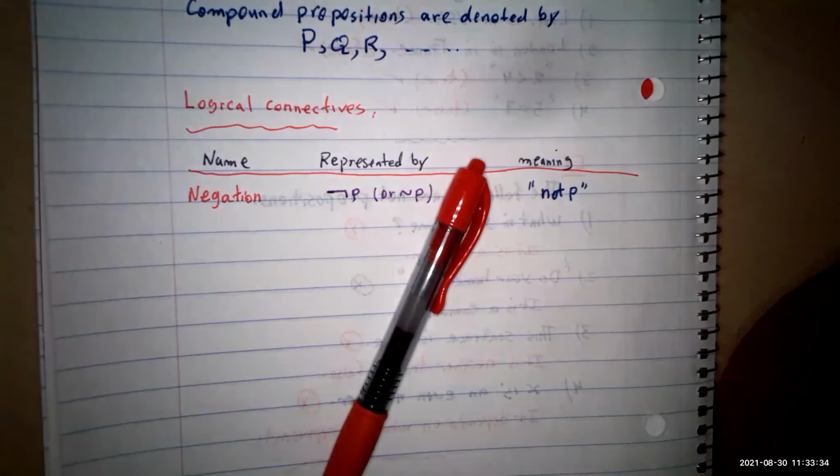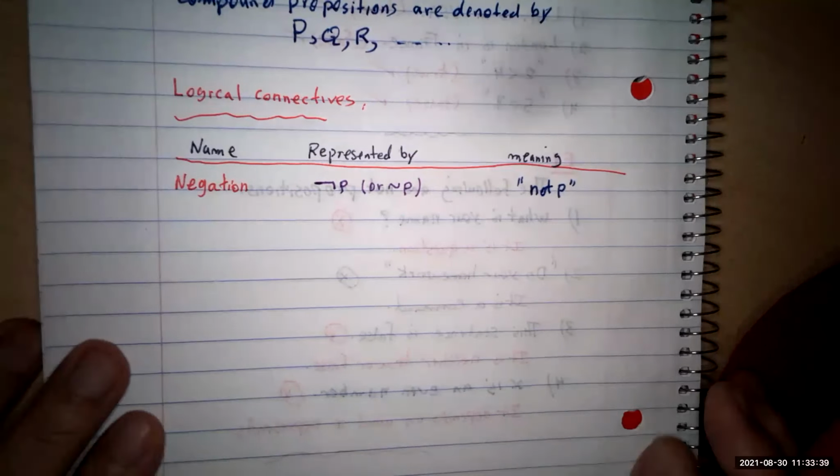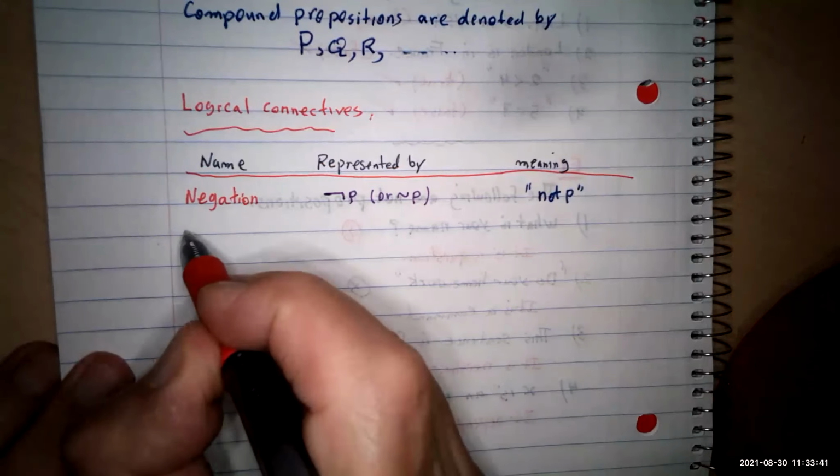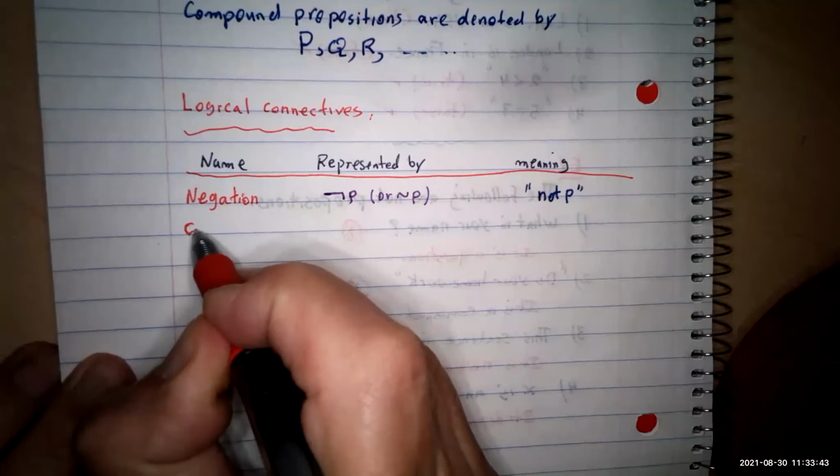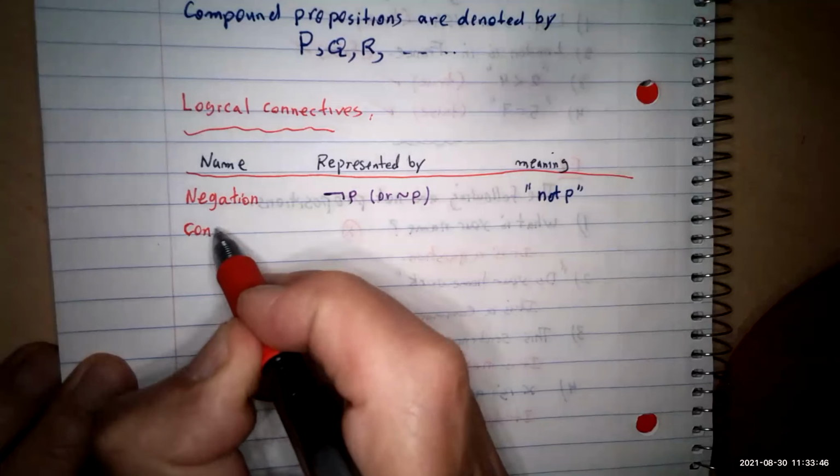Okay, so we go to the next one. The next one is called the conjunction.